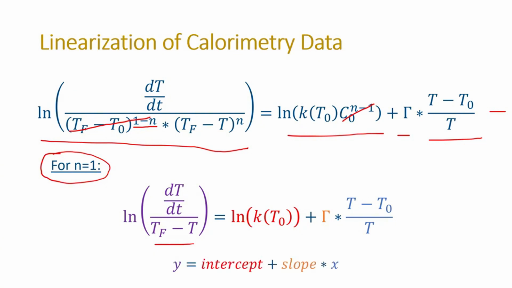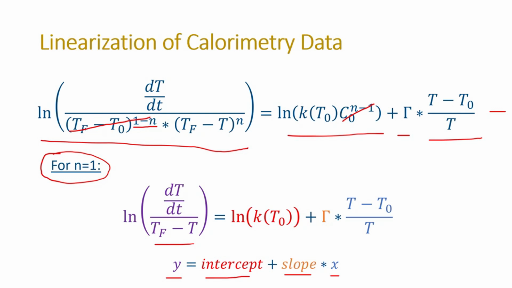And so this more simply shows that we have y equals intercept plus slope times x. And if you're familiar with the equation of a line, that is the function for the equation of a line.